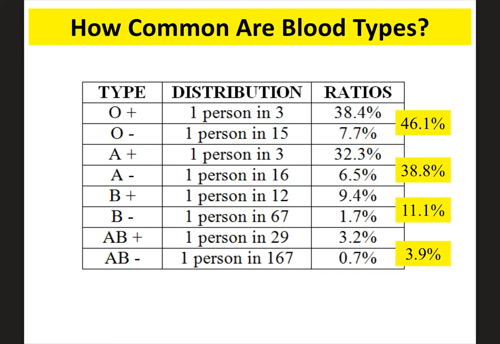And then the lowest type of blood here is AB. Only about 4% of people have type AB blood. And you can even see the differences here from, say, O positive, O negative, and AB positive, AB negative. You can see the negatives are usually even less common. So this is just more for your information.